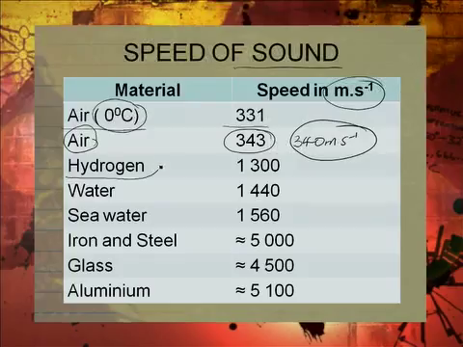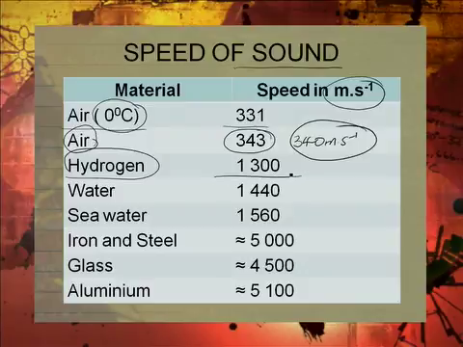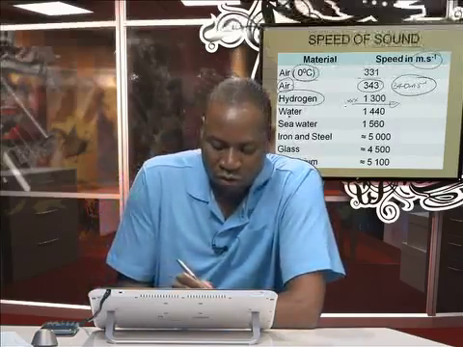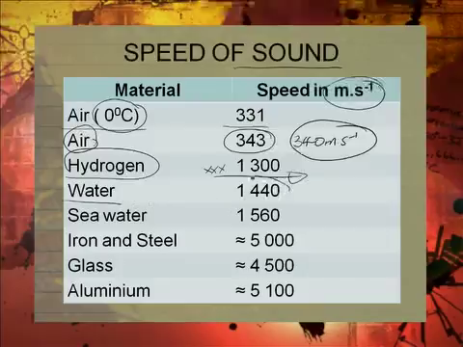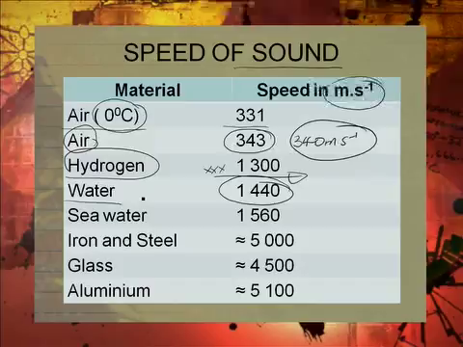If we isolate hydrogen gas and we allow sound to pass through it, it will move at that very fast speed. So if we want things to happen quicker in terms of transporting sound, we will need to create a tube filled up with hydrogen, and allow sound to go through there. In water, that's how fast sound moves. So in water, we should be able to hear sound much quicker.